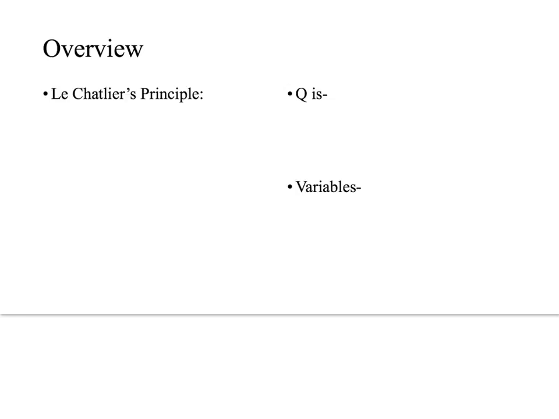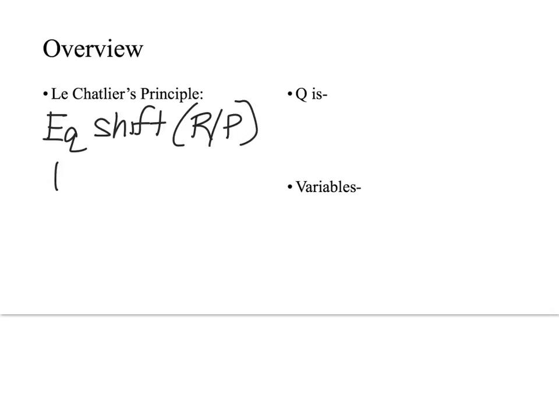Starting with some definitions. First is Le Chatelier's principle, and this tells us that equilibrium will shift either to the reactant or the product side to minimize the disturbance.